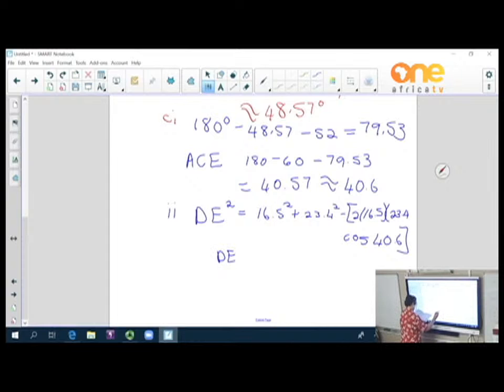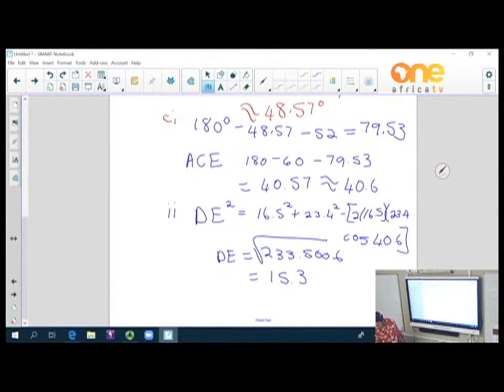So DE squared is then equal to 233.5006. I get the square root of that, and the answer is 15.3.